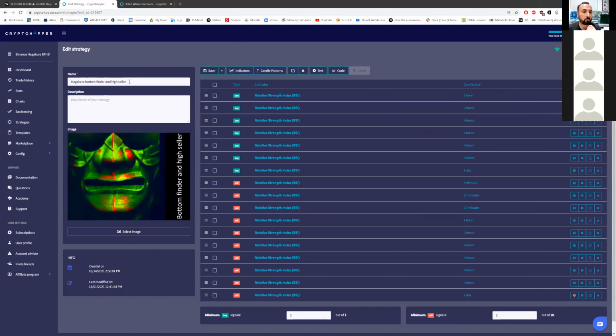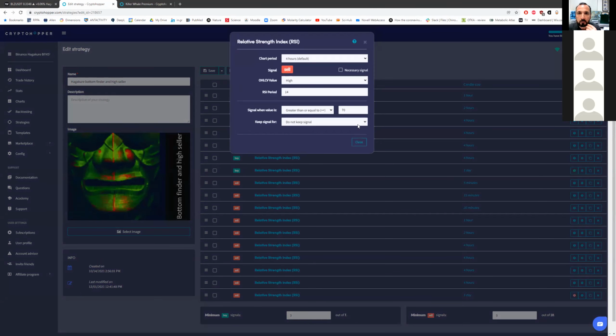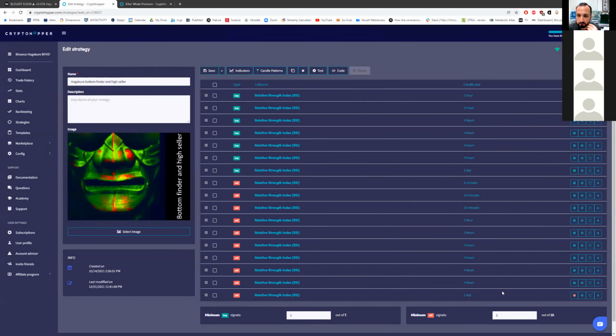This is the one that you are having, and practically the same as what you have for the signal. For the selling, this one is 70, but that's for a high position.